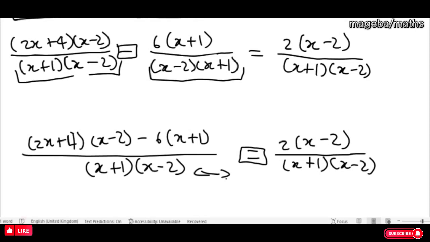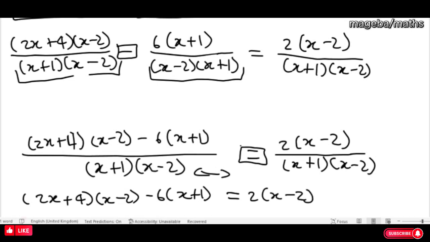So I can say, taking this 2x plus 4, then x minus 2 minus 6 into x plus 1 equals to 2 into x minus 2. Now remember, my denominators are the same and are being separated by this equal sign, so I can crop them out and then take what I have here on our numerators.